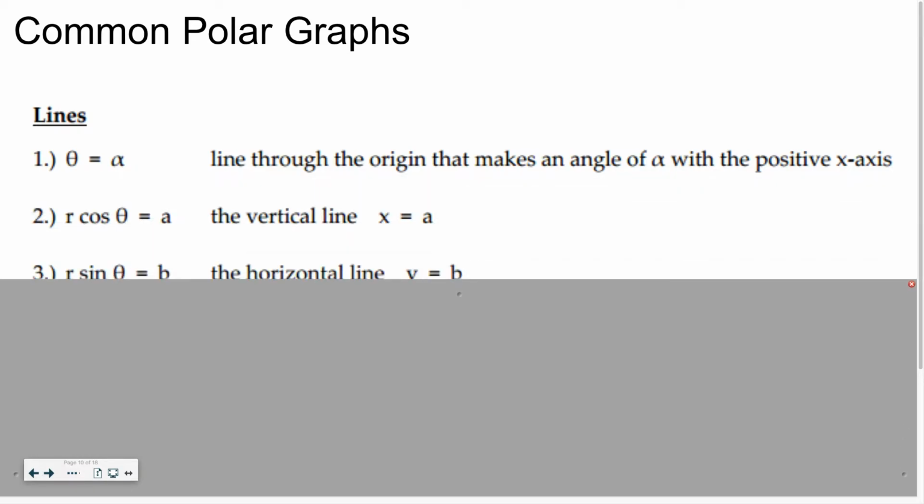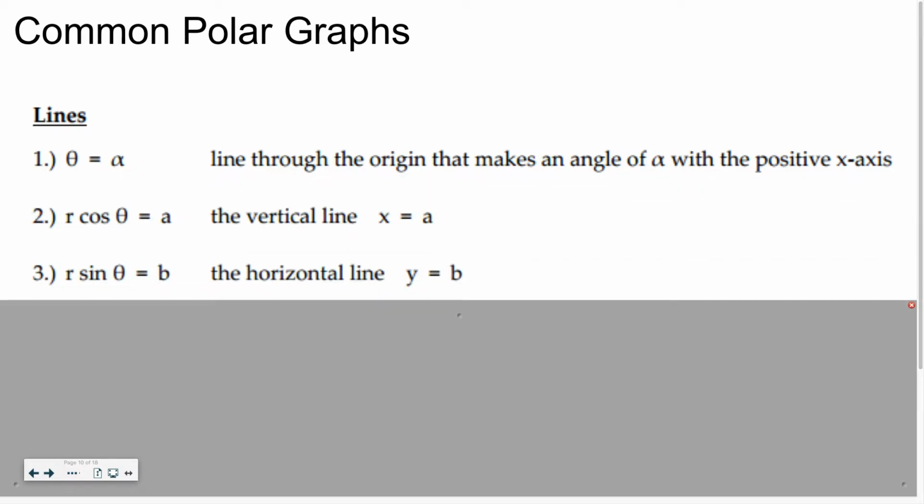Secant. If we solve for r, this would be a secant theta. If we solve for r, this would be b cosecant theta. Those would be the times we would make a line, either with slope, with 0 slope, or no slope.